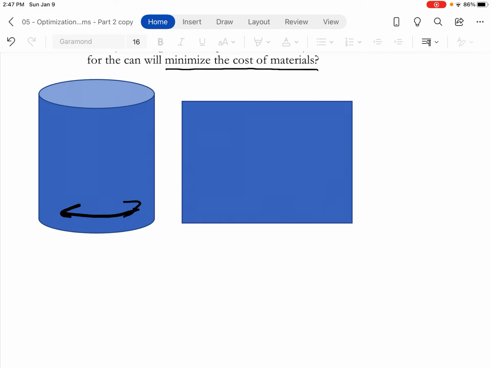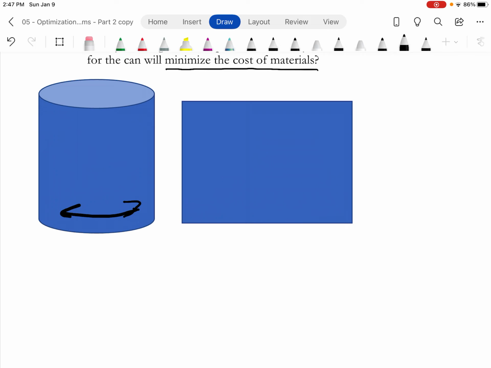So this soup label here will have very similar dimensions to this can, which has a radius of R and a height of H. The height of this label, the wrapping, we call it the lateral surface area of the can, will have the same height as the can. Now, its width is the wraparound, going all the way around here. So that's the circumference, which is 2 pi r. So finding the area of that sheet for the side of the can is not too bad, actually.